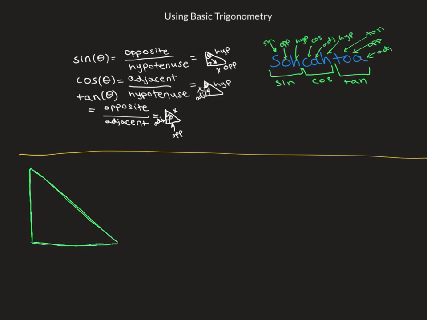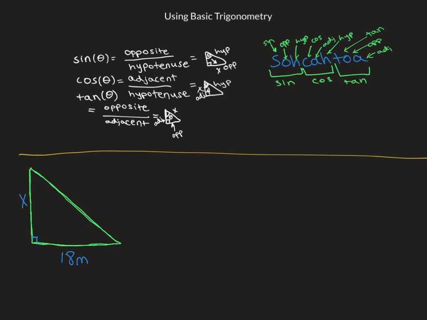So this is our triangle, and say we're given this side, so we're given this leg as the value of x. And then this other leg, we're given the value of 18 meters. And of course, this would be a 90-degree triangle.